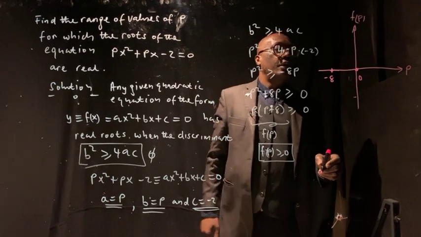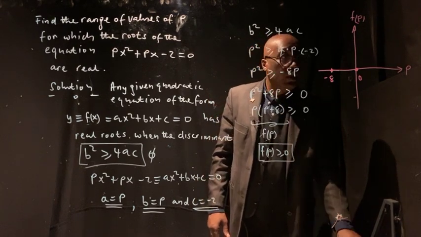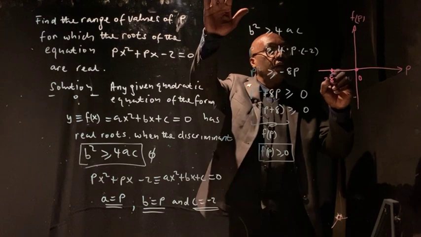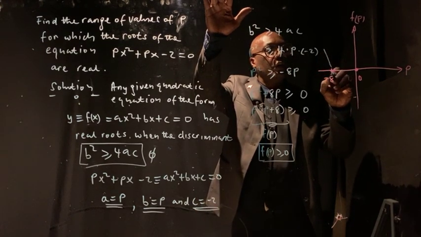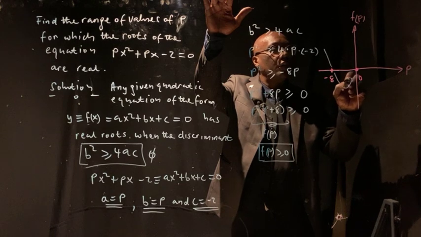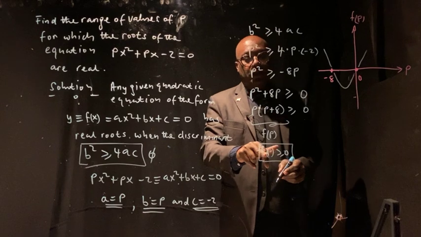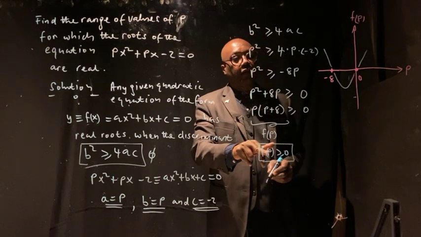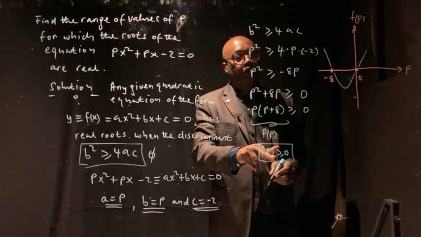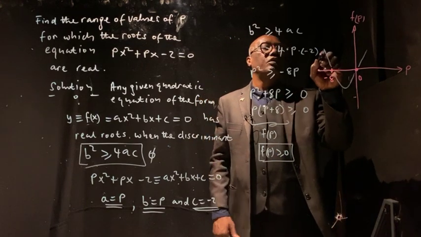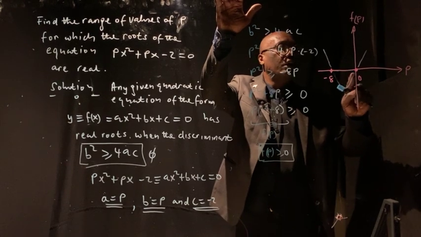Good. So the graph that we are going to consider is going to be something like this. But because f of p is greater than 0, we will consider only the upper portion, which implies that this one goes away, vanishes.